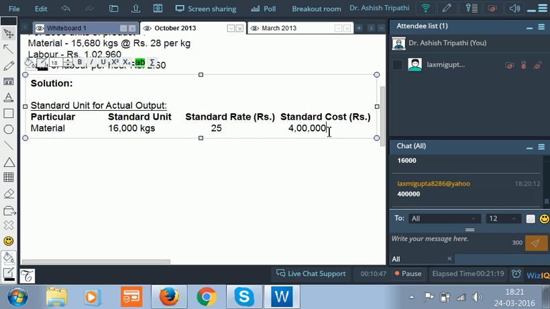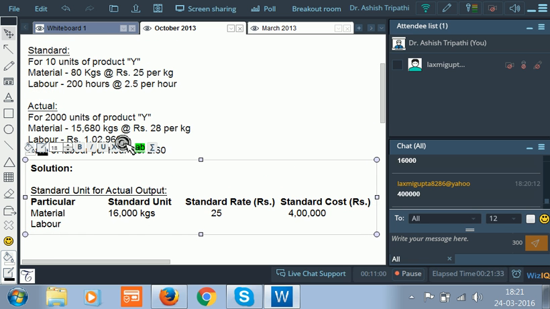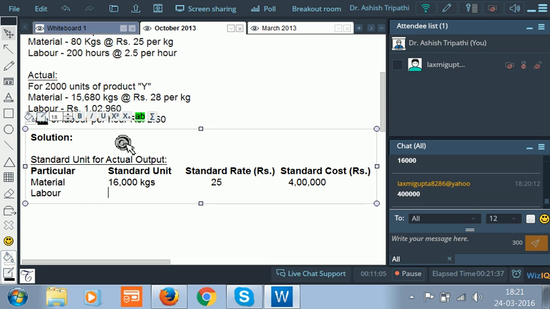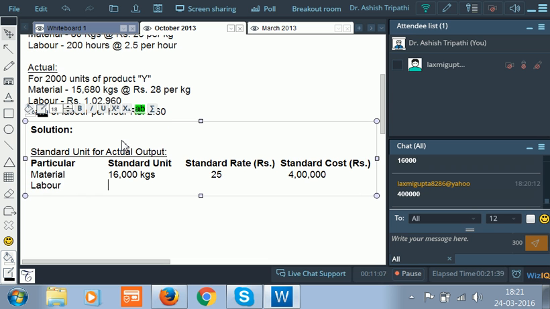Same way we will have to calculate for labor also. Calculate and tell me, cross multiplication. We are trying to calculate standard unit for actual output.